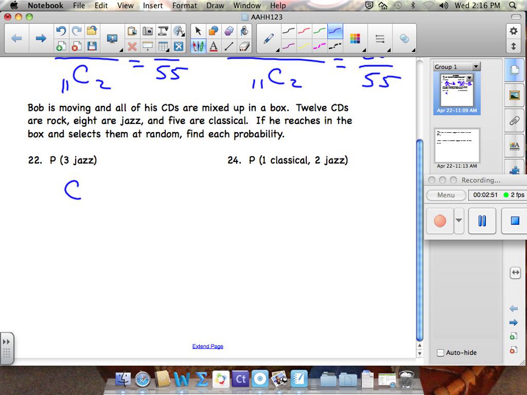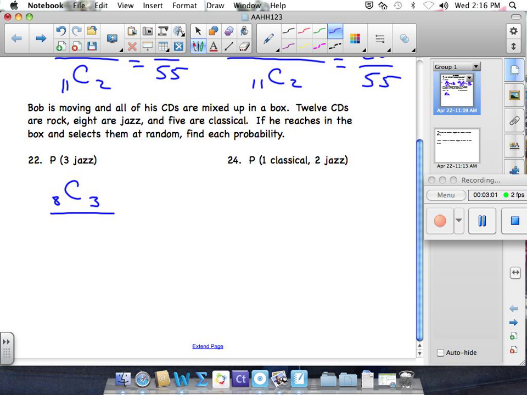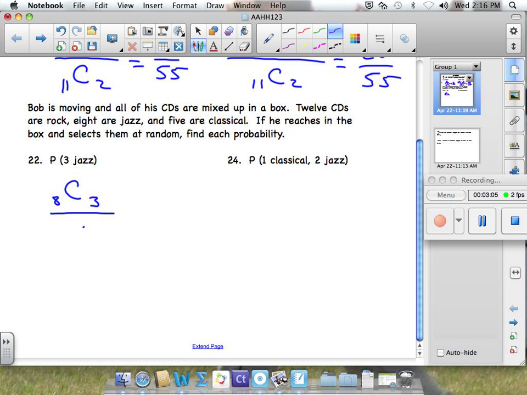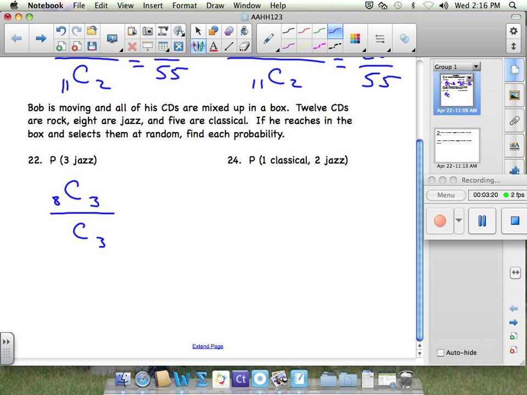On top of my fraction is what I want to have happen. So we want 3 jazz CDs to be picked out of the 8 total. On the bottom of the fraction is what could happen. So again, it's a combination where I pick 3 of the CDs, and then I add up all the types of the CDs: the jazz, the classical, the rock, and I come up with a total of 25.